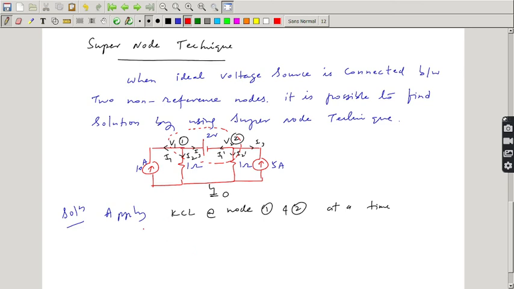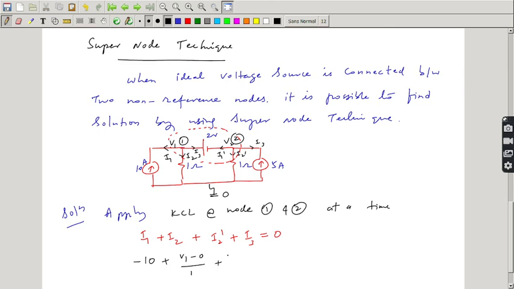So I can write at node 1, I1 plus I2. Next come to node 2, I2 dash plus I3, which equals 0. I1 I can directly write as minus 10 amps, since the direction of the current source is given as the opposite direction. Plus I2, that is (V1 minus 0) by the branch resistor 1.